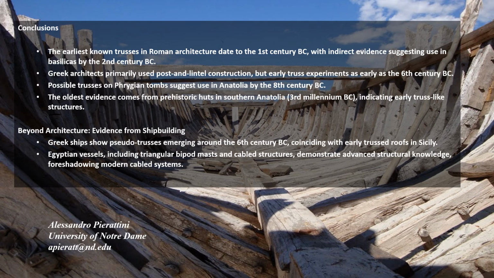Possible trusses represented on Phrygian tombs suggest their use in Anatolia as early as the 8th century BC. But the earliest evidence of all comes from prehistoric huts in southern Anatolia, where findings suggest that simple truss-like structures were already in use in the 3rd millennium BC.